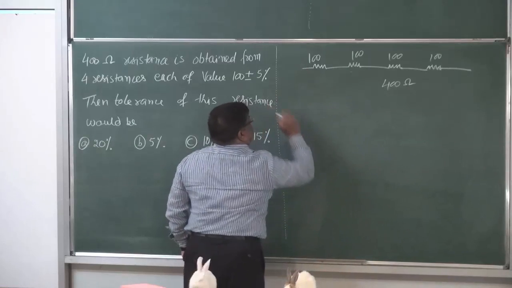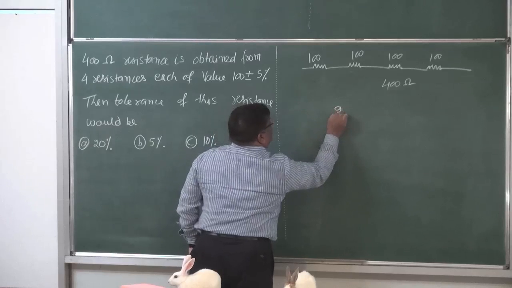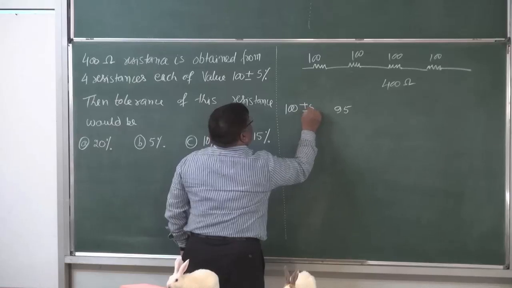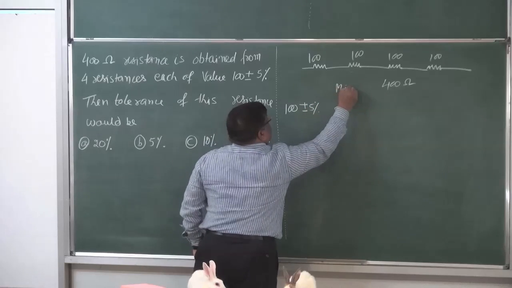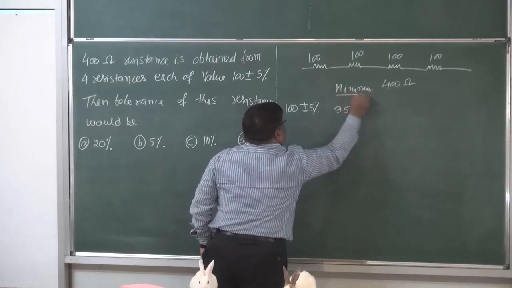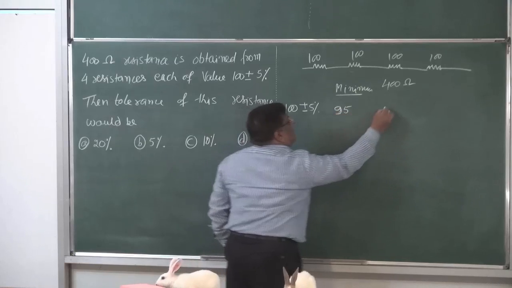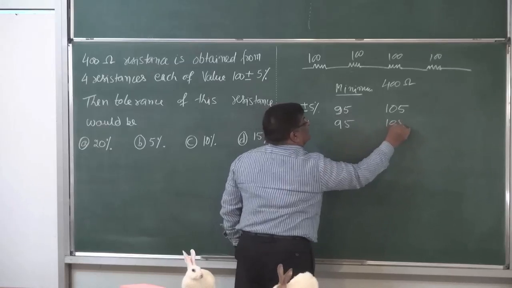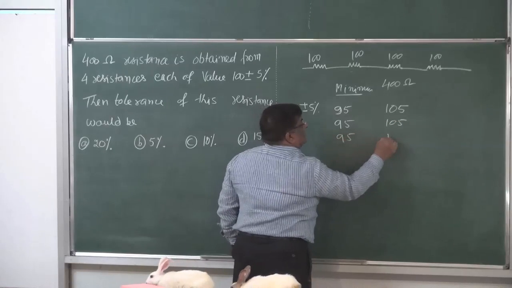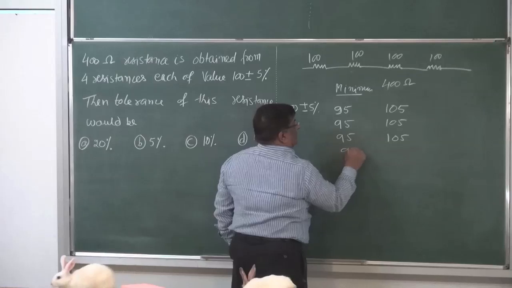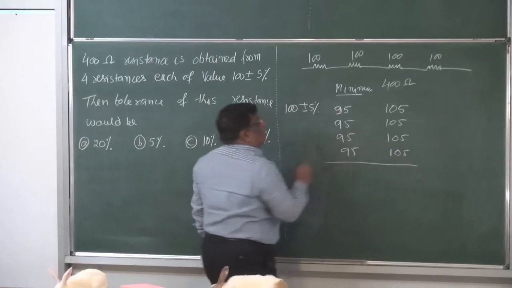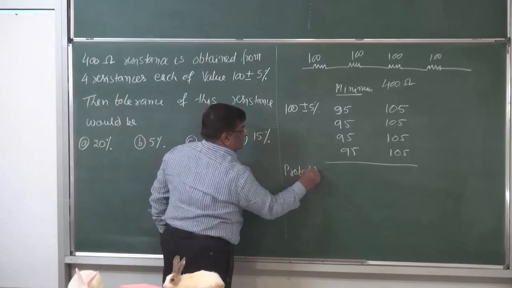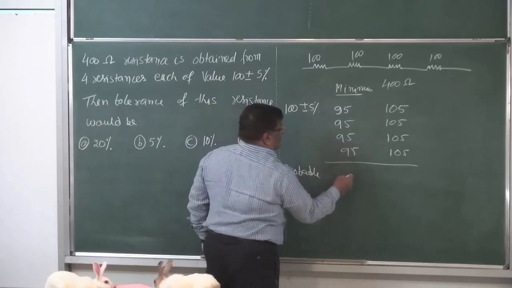So the first one may be minimum 95, and how much will it be maximum? 105. The second one will be like this, the third one again like this, and the fourth one also like this. What is the probable minimum value?